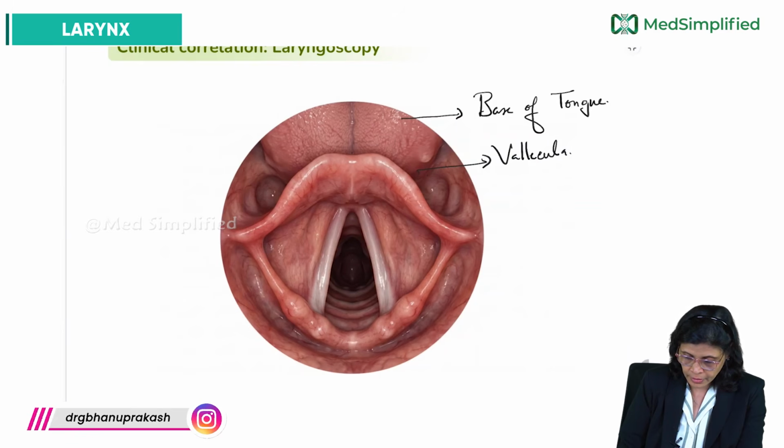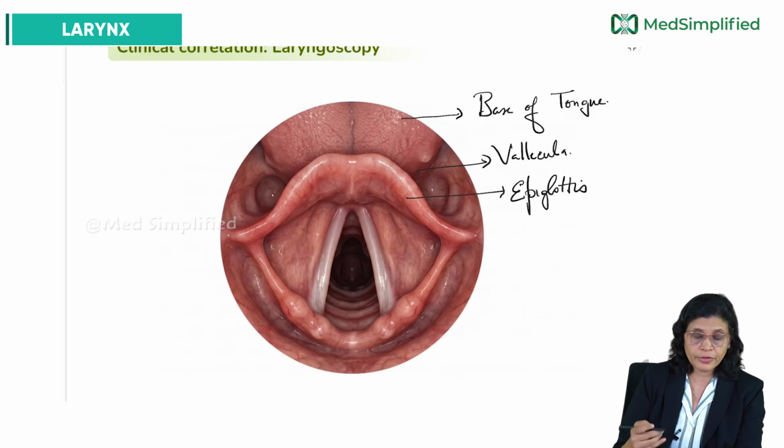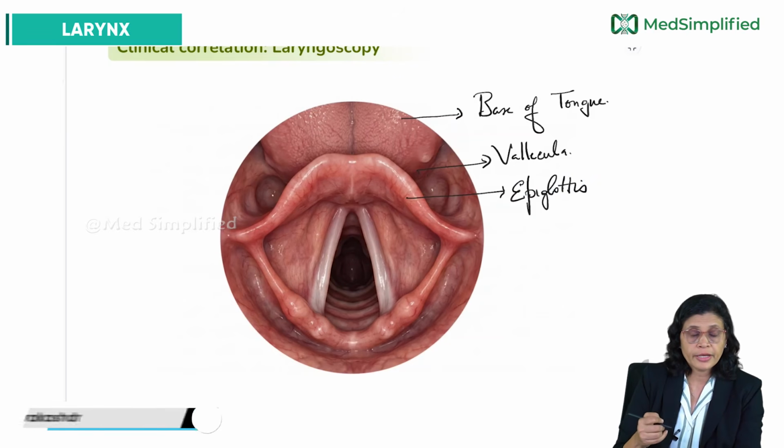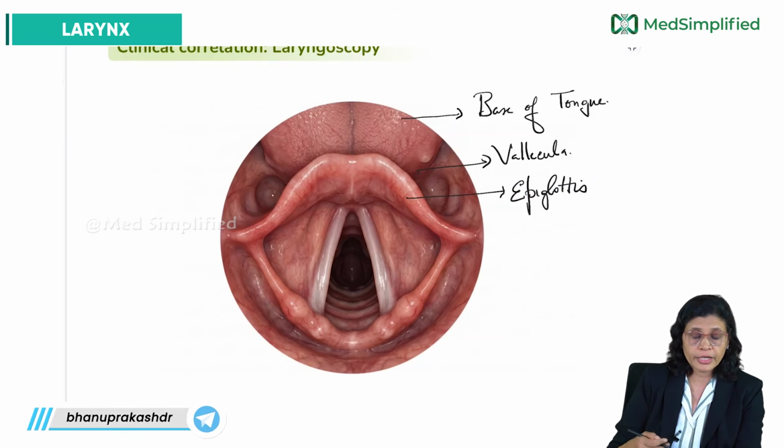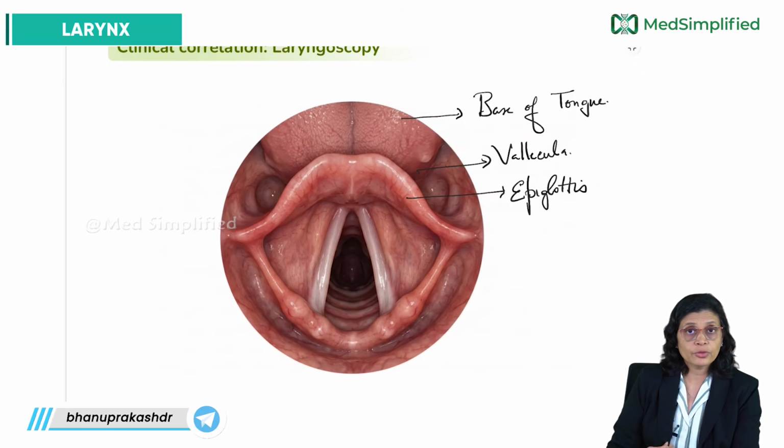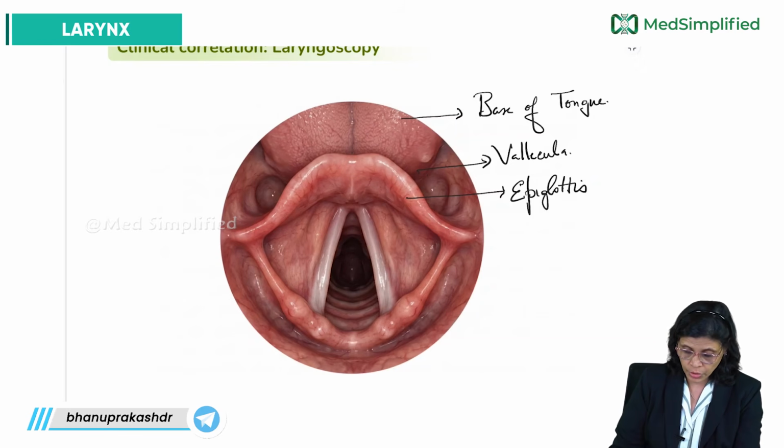Then we see the epiglottis. This is very important when you are trying to insert an ET tube, an endotracheal tube. You have to know what structures you are going to see when you use a laryngoscope. Then we have the epiglottic fold.